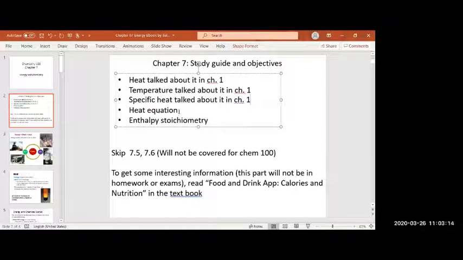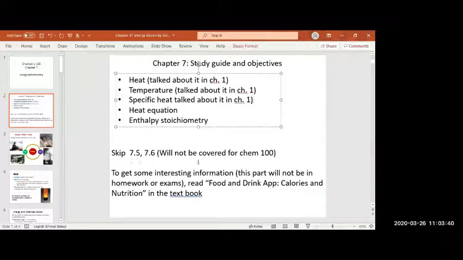So here we will focus on the heat equation, the enthalpy and stoichiometry. That's what we're going to focus on in this chapter, but I will go through the heat, the temperature, or even the specific heat quickly before starting to talk about the heat equation or the enthalpy stoichiometry.